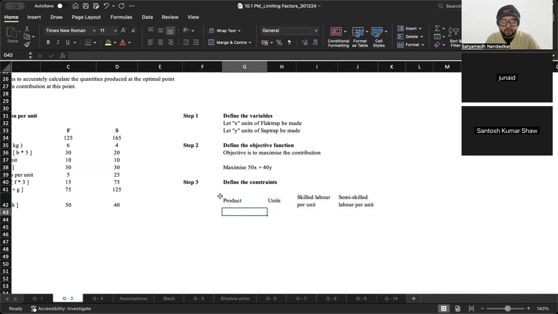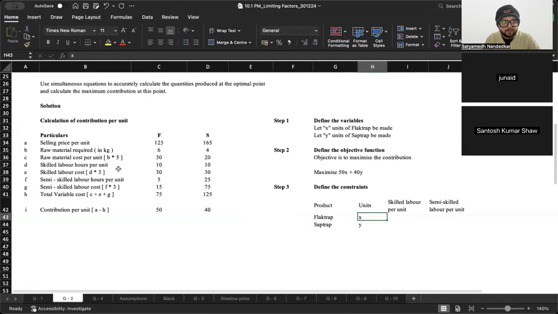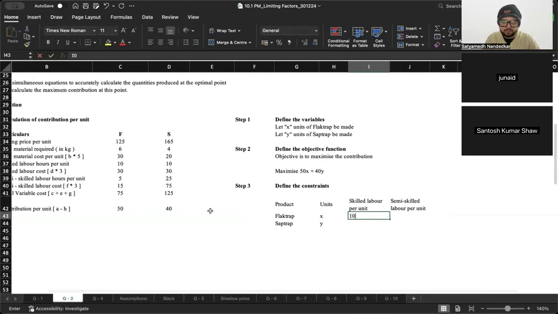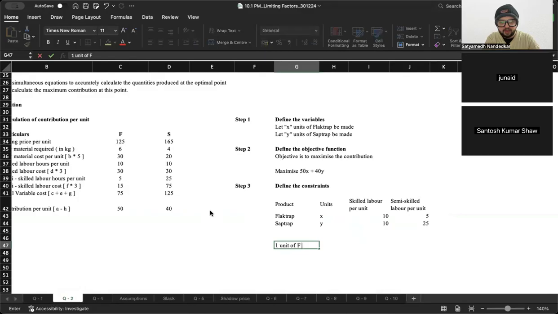If the product is flag trap, second product is sap trap. I'm making X units of this and Y units of this. Skilled labor time 10 and 10. Semi-skilled labor time 5 and 25. 1 unit of F takes 10 hours of skilled labor.